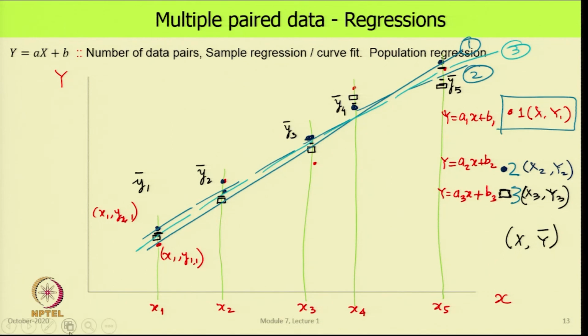What this now tells us is that all these a1, a2, a3, they are like numbers coming from a statistic, they are not the same. So, this forms a new variable, and b1, b2, b3 similarly come from another distribution, and we presume that both these have a normal distribution.